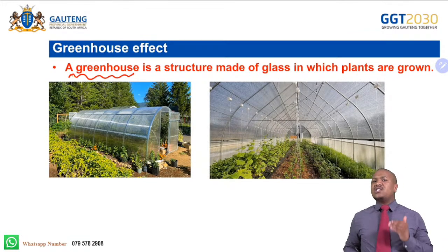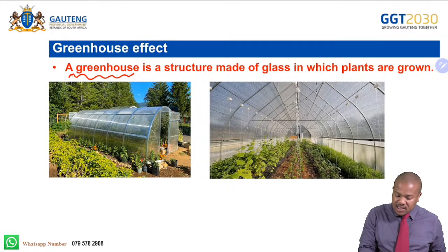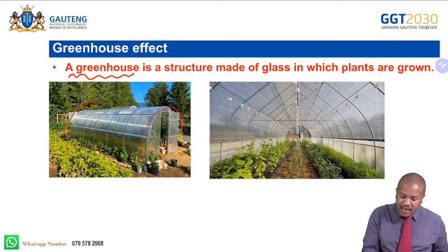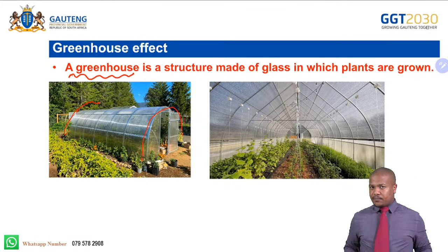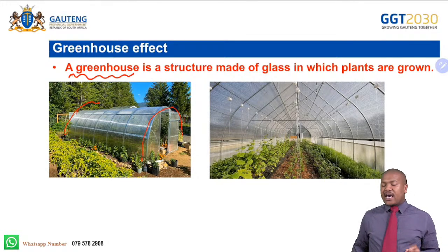These structures are our greenhouses. They help to trap the heat inside so that the plants have enough or sustainable heat. Are we together? So it is a structure made up of gas in which plants are grown.